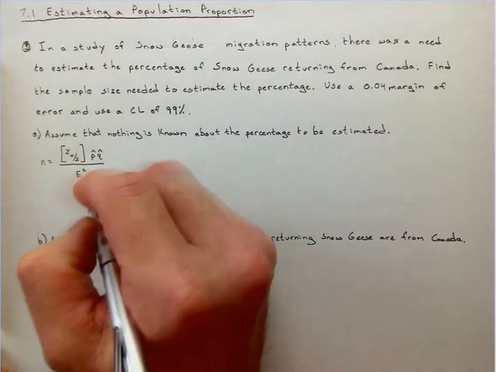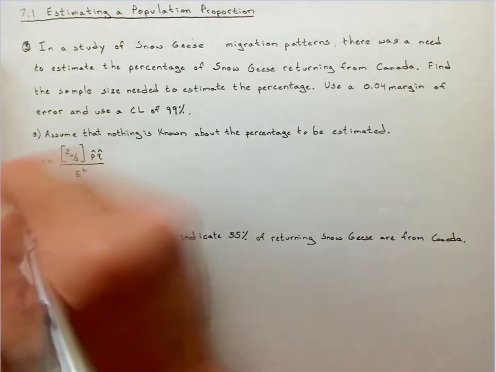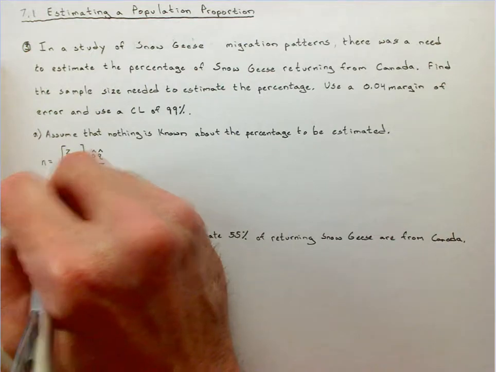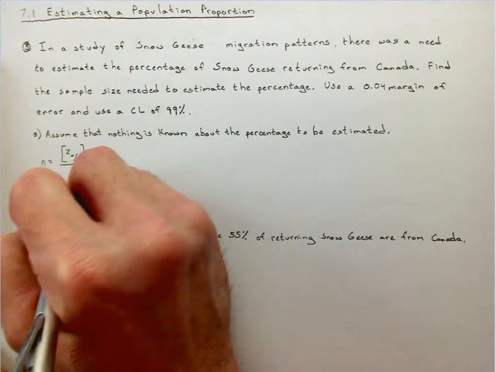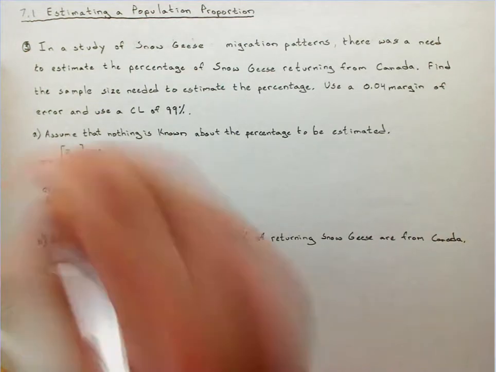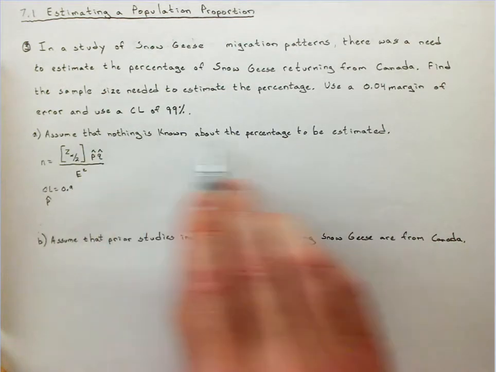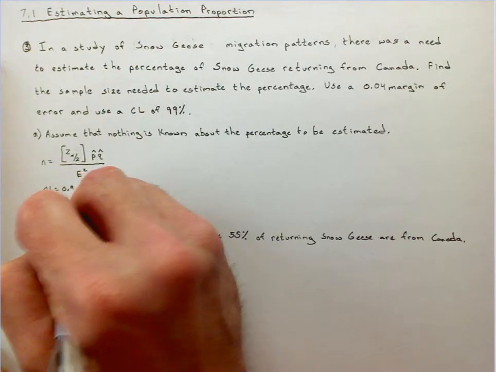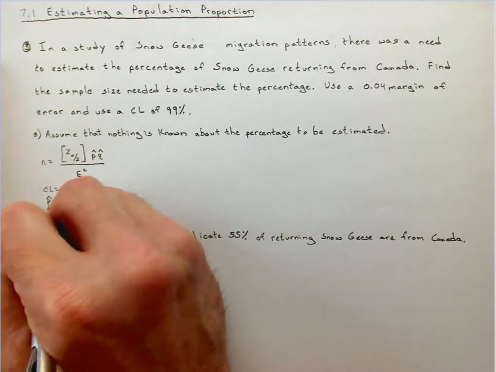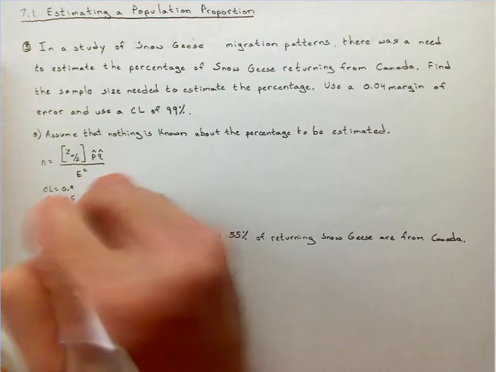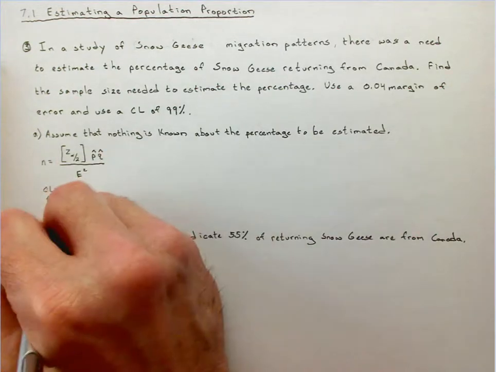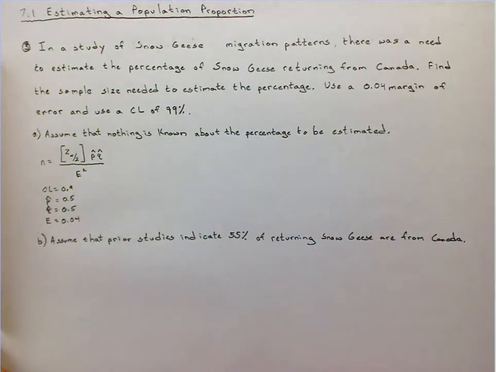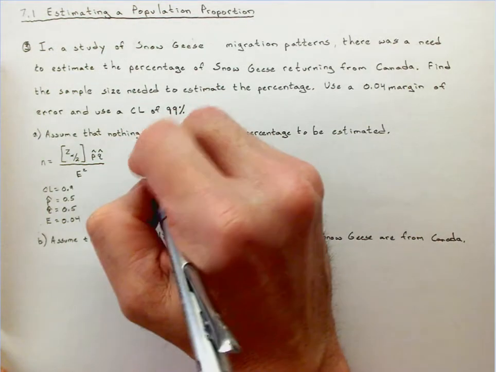I can go through and list everything out. The main thing is I'm finding n, so I know I don't have n. My confidence level is 99%. And nothing is known about the percentage to be estimated, so I make my p hat and my q hat both 50%. And my margin of error is 0.04. So all that I need to do is find alpha.